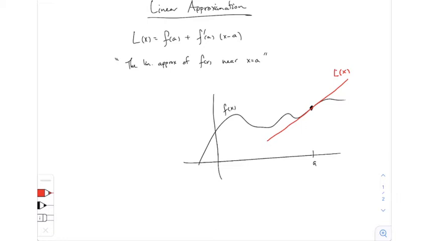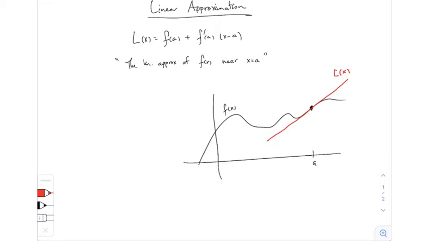We call it the linear approximation because this line can be used to approximate the values of the original weird function. So this is useful to approximate f of x, which is a weird function, using only a line, which is not weird at all. The line is just a line.